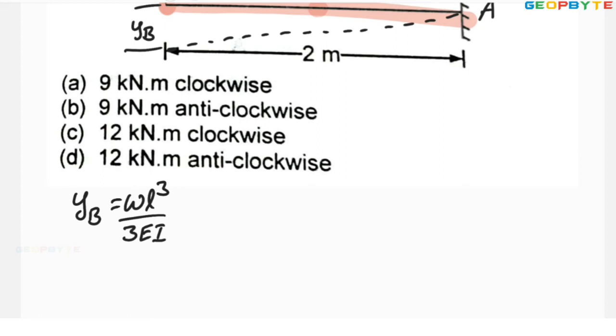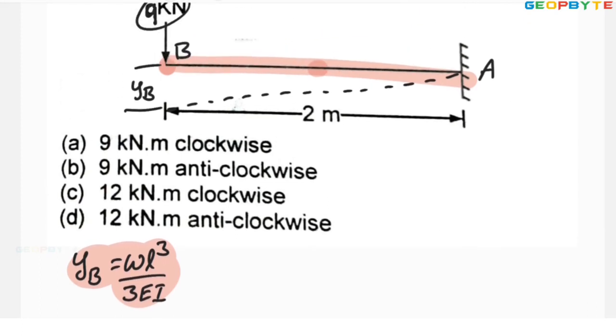This is the deflection which is happening because of the point load at the free end. What he is asking is how much moment should be applied in this direction to avoid the deflection, to have the vertical deflection zero.